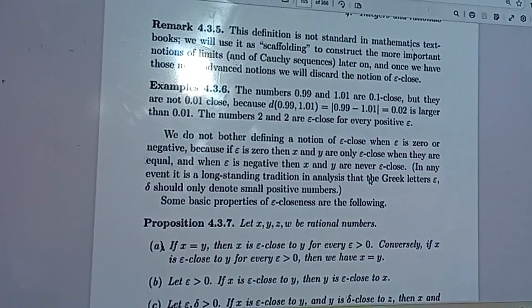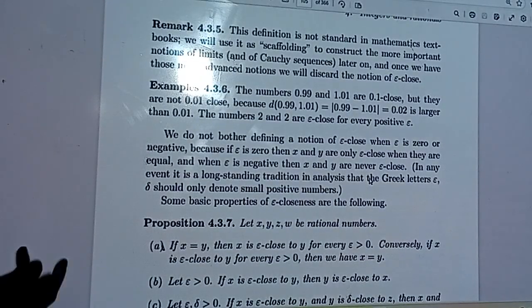It's not anything big, but this proof is very analysis. Let's prove only that because it is of analysis stage at least. So we are going to prove the first one? If x equals y, then x is epsilon close to y for every epsilon greater than 0. No need to prove that actually.